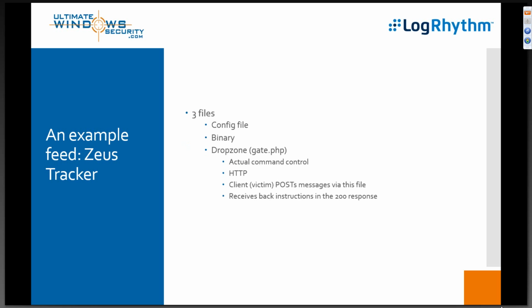There are three files or destination points on the internet that your victim computers will be talking to in the process of getting the agent deployed. There's the config file. There's the actual binary, that is the agent that has to be pulled down and installed. And then there's what they call the drop zone.